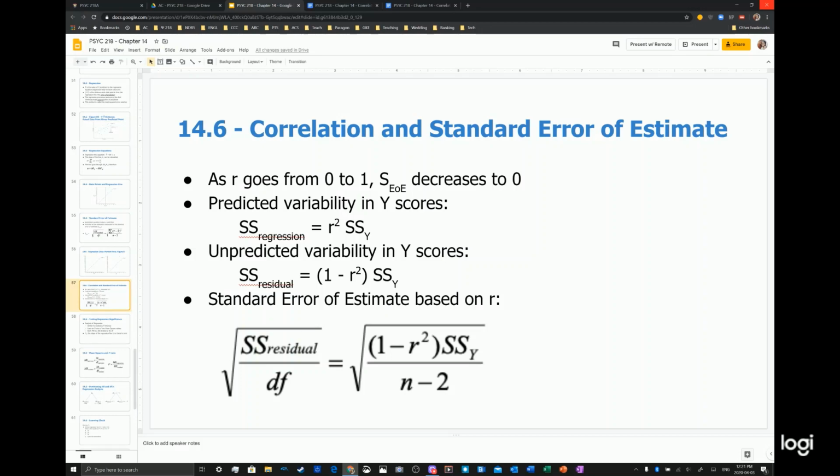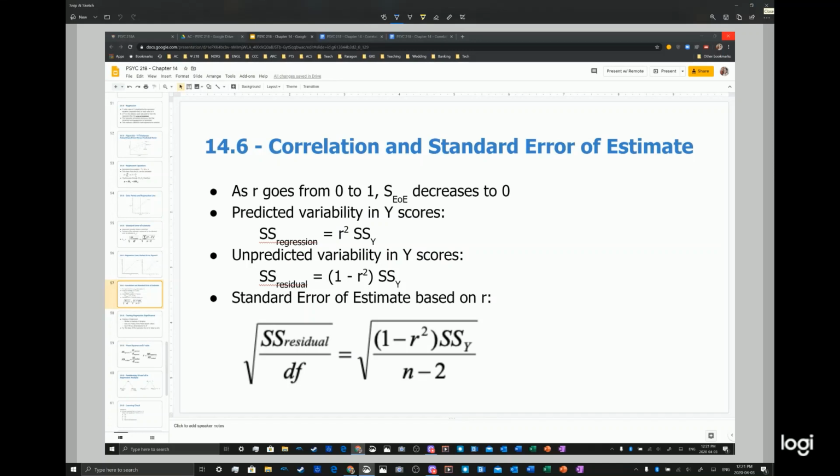So going back here, if you're stuck on your sum of squares regression, you can go back to your previous slide, slide 57. Your sum of squares regression is your predicted variability of y-scores. You need your r-squared for this, which you can calculate with your data. You get r, square that value, and you get your r-squared, the coefficient of determination.